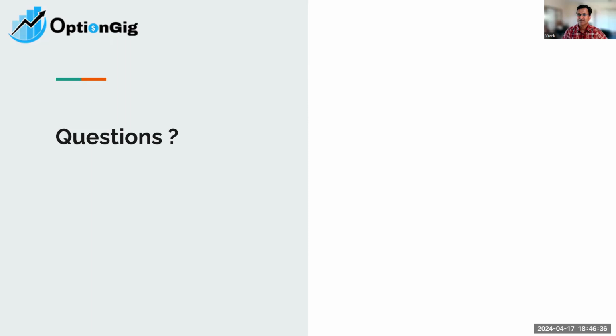Let me see if any other new questions came in. What's the name of the book? But that's not an options book. There's Seth Klarman's book. I think it's called Margin of Safety. Hey, what's the Slack channel?